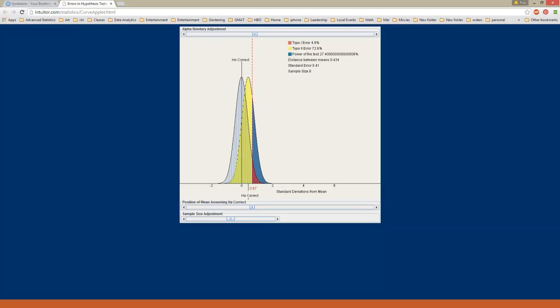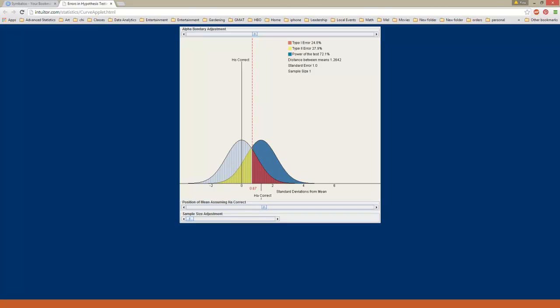That's close enough. You can see now the power of the test is 27% instead of 11, and the type 2 error has gone down. Let's make this a little bit more. Here now we have a power of the test, let's get it a little bit closer here, of about 70%.